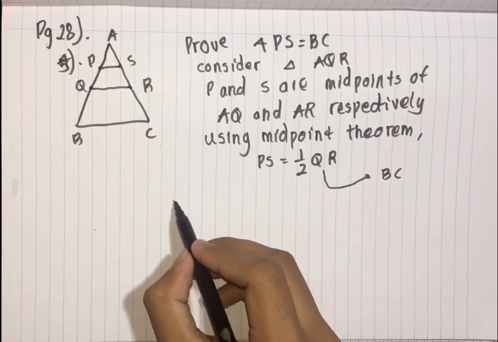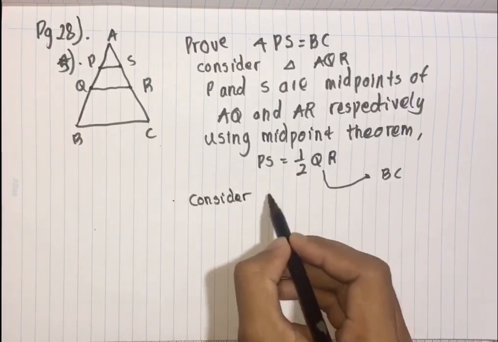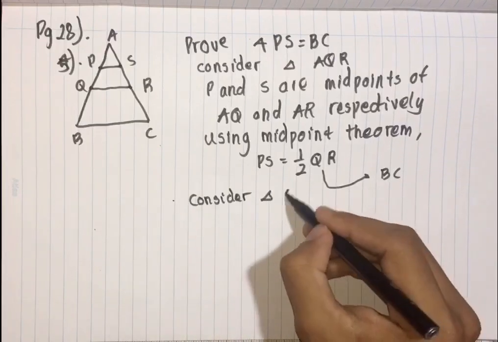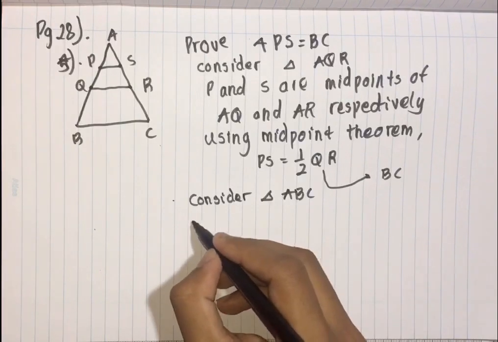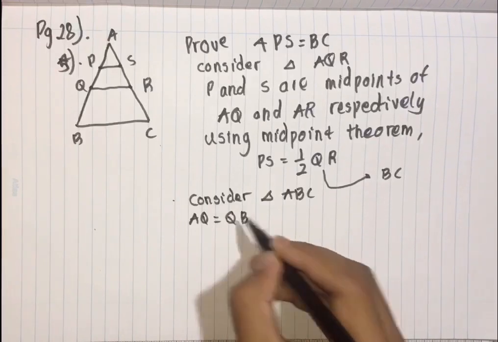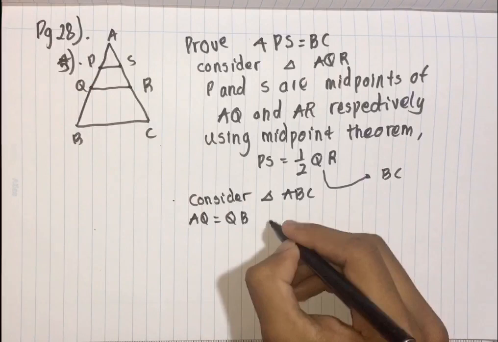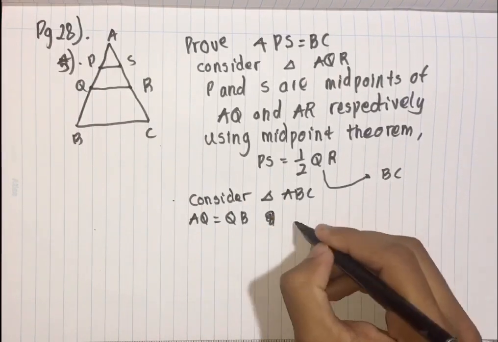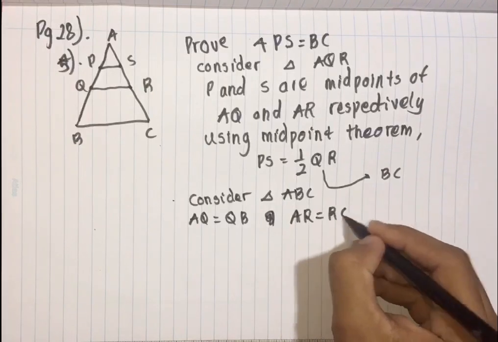To solve further, now consider triangle ABC, the larger triangle. You can say that AQ is equal to QB. It is the same as saying that Q is the midpoint of AB, right? And AR is equal to RC.